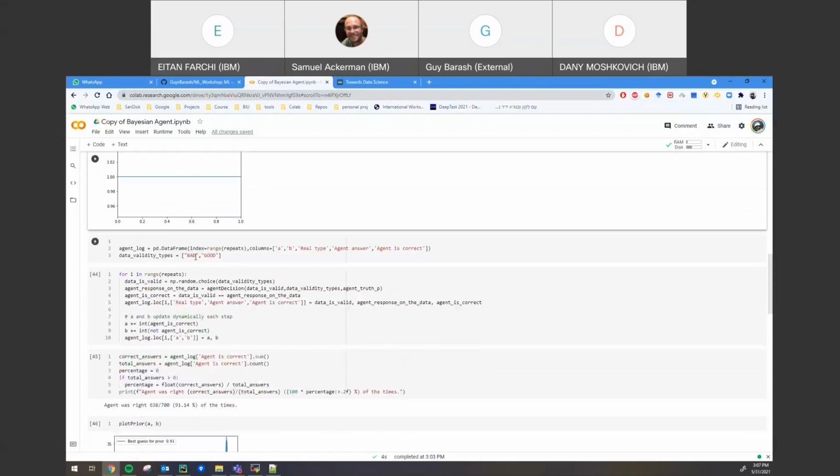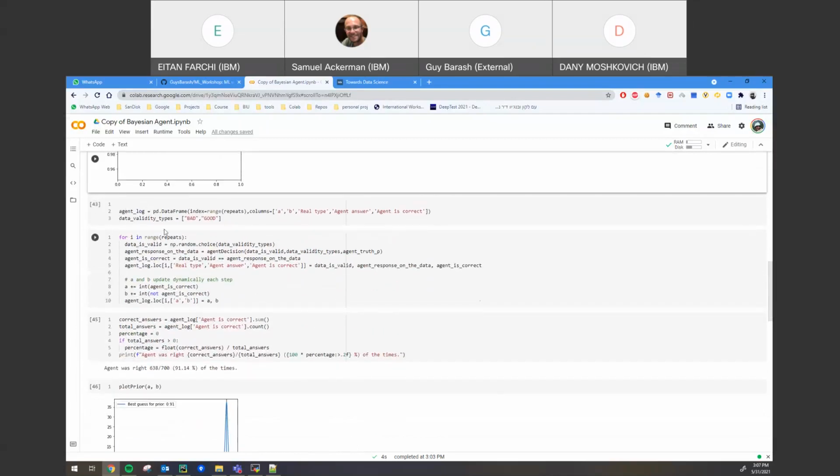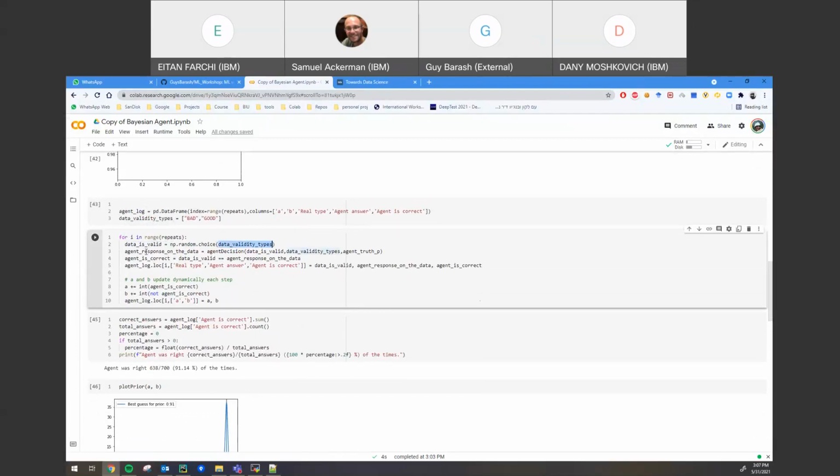And we try to understand what is the distribution of the state of the agent's truthfulness. Okay, so step by step, for each time we start, we choose the right answer, and we get the agent's decision on it, which means, again, like I told you before, 80% will give the right answer and 50-50 in the remaining case.